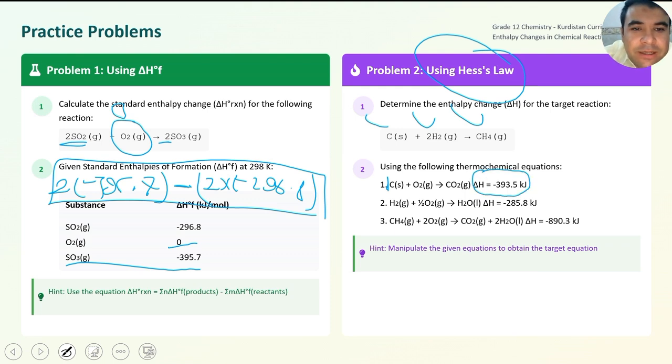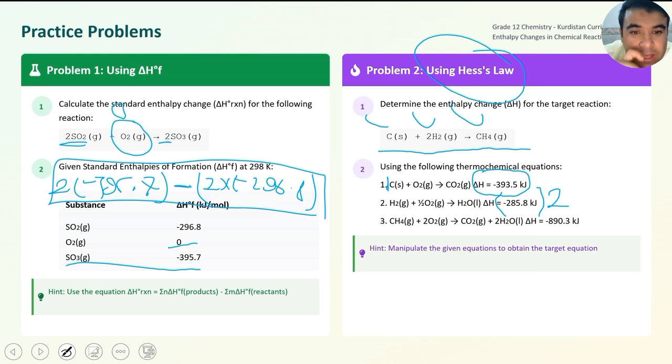The second is the main equation, the one whose enthalpy of reaction is required. The 2 moles of H2 are given, but here it is 1 mole. So you should multiply this by 2. Does it have the same position, reactant?